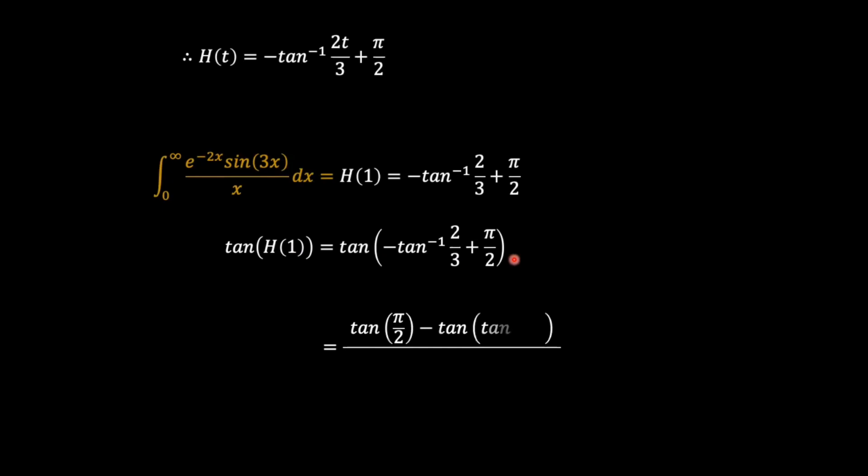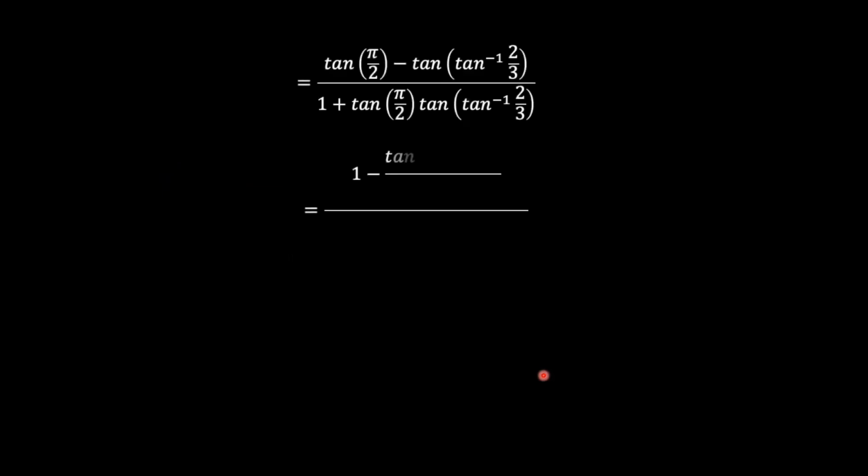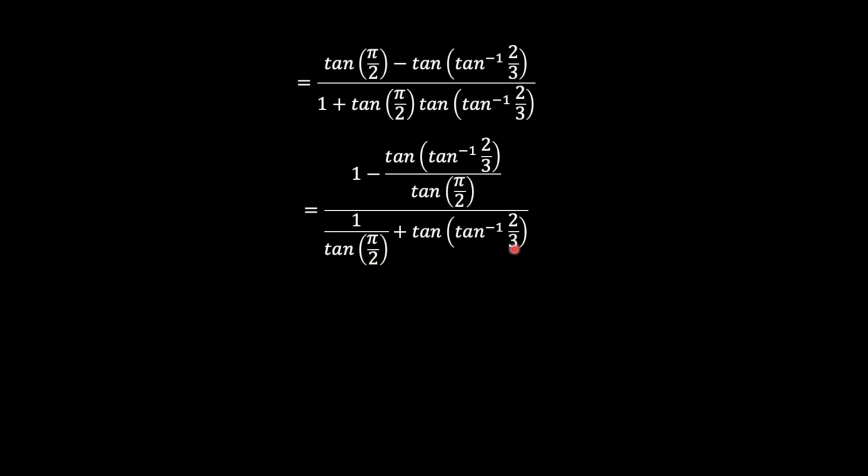And so using the difference formula for tangent, this is tangent of pi over 2 minus tangent of arctangent of 2 over 3, over 1 plus tangent of pi over 2 times tangent of arctangent of 2 over 3. Now divide the numerator and denominator by tangent of pi over 2. That results in 1 minus tangent of arctangent of 2 over 3 over tan pi over 2, over 1 over tan pi over 2 plus tangent of arctangent of 2 over 3.